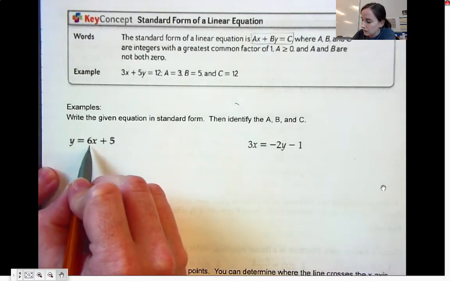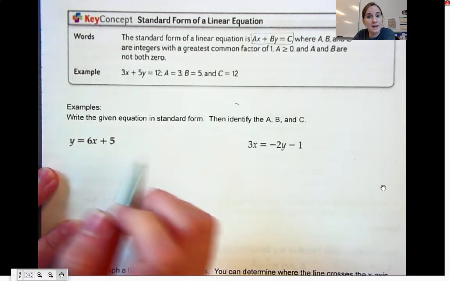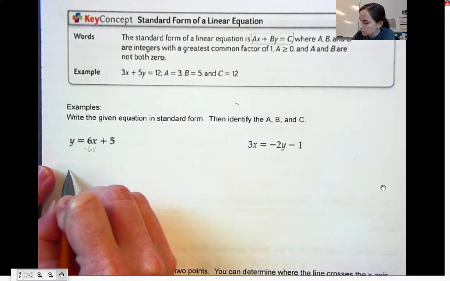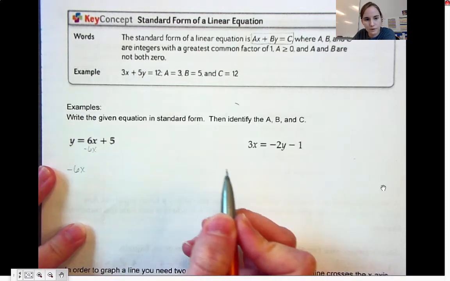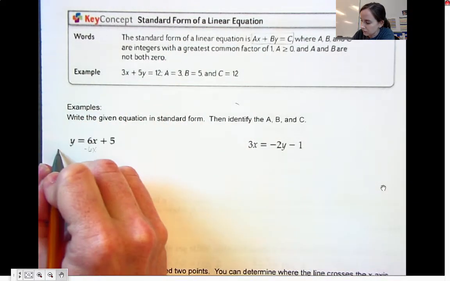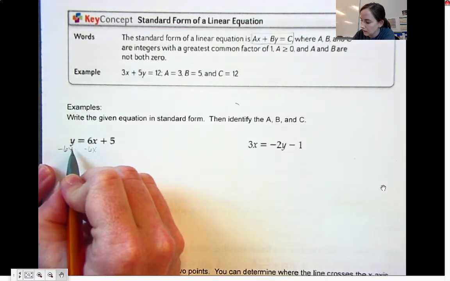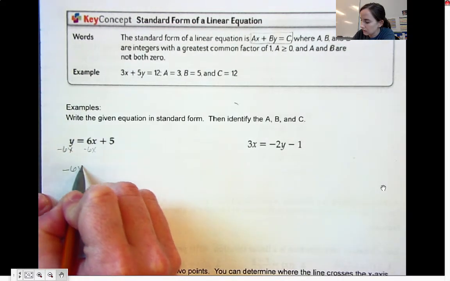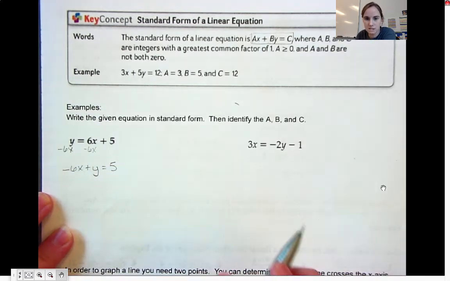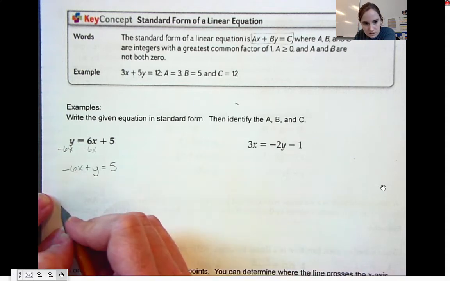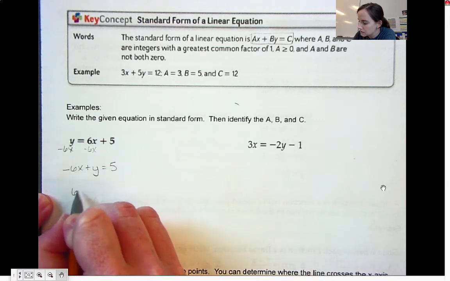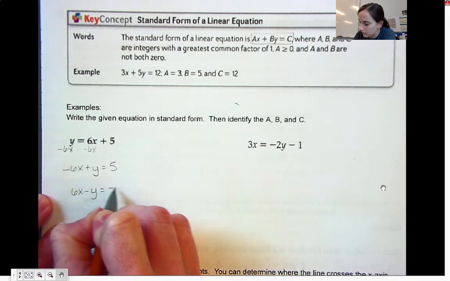So we need our 6x to be in front because it's ax. So we need to subtract 6x, subtract 6x, and currently I have negative 6x plus y equals 5, and because we don't want the 6 in front to be negative, the accepted form of this, if we divided everything by negative 1, would be 6x minus y equals negative 5.